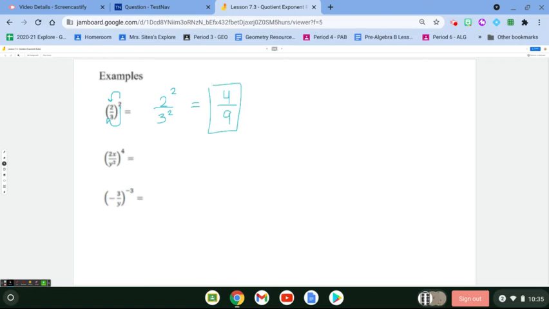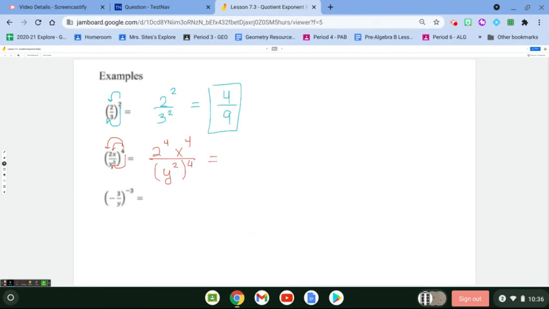All right, now this next one's a little bit more complex, but you need to remember that you're taking each factor inside the numerator and denominator to that exponent. So we'd be doing 2 to the 4th power, x to the 4th power, and then we're taking that whole denominator to that power. So it would be y to the 2nd power raised to the 4th power.